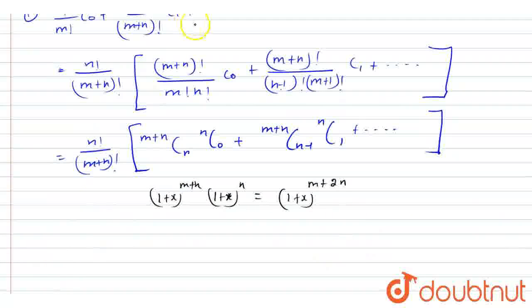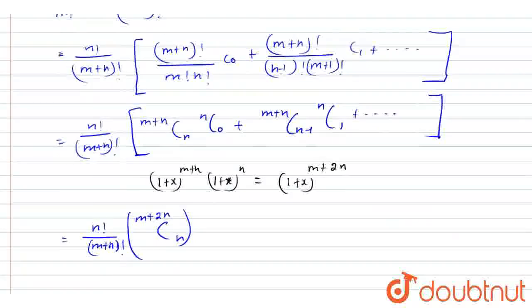So I am going to write the above value equal to n factorial divided by (m plus n) factorial into, because the base values are n plus 0 equal to n, n minus 1 plus 1 equal to n, so the base values are the same. So C of n, and the power value is m plus 2n.